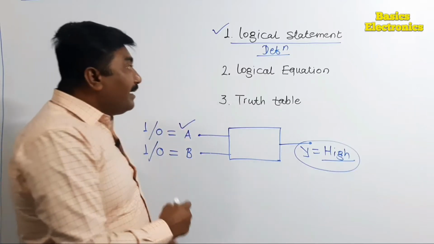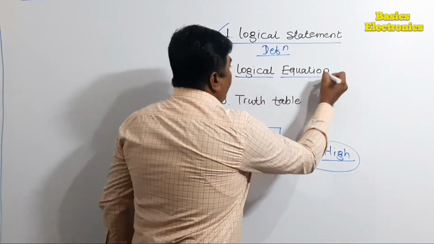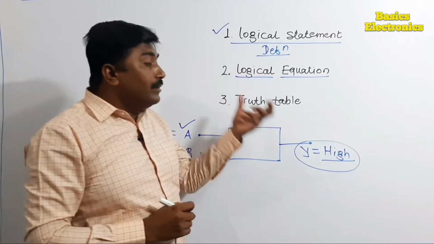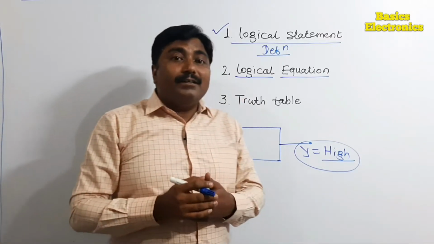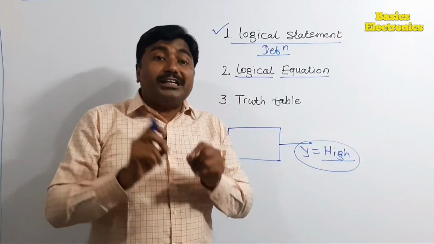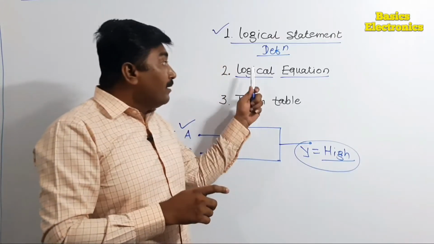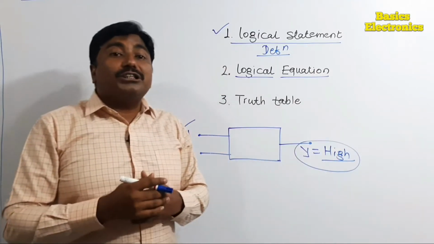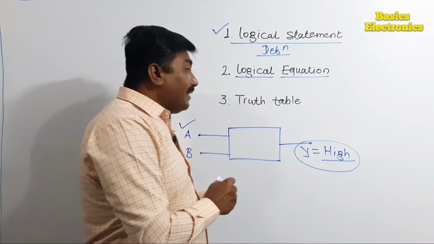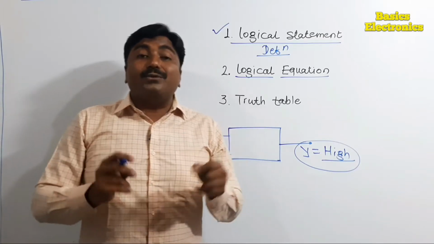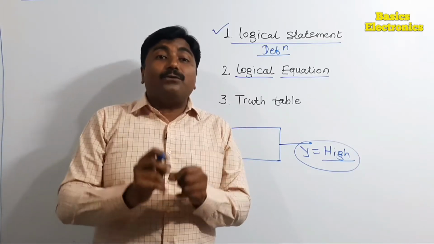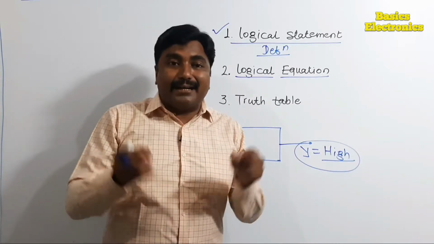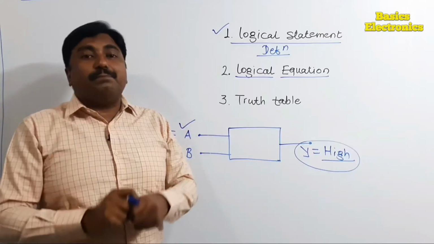Then the next one is the logical equation. We have seen earlier that the output of a logic gate is given by using the logical equation, and that equation is according to its function, according to the operator, according to the logic behind it.